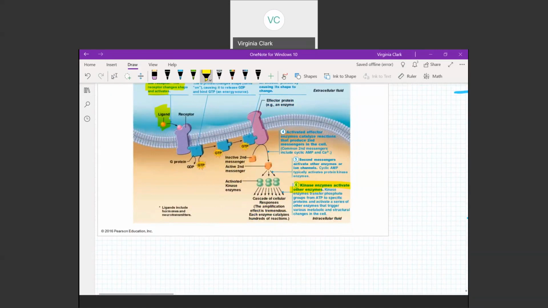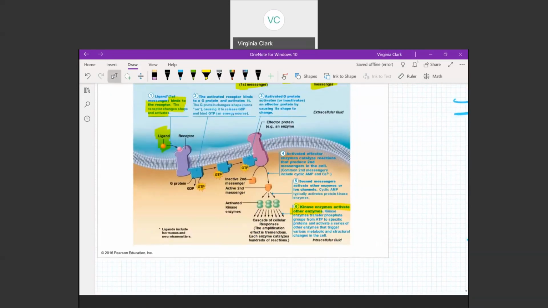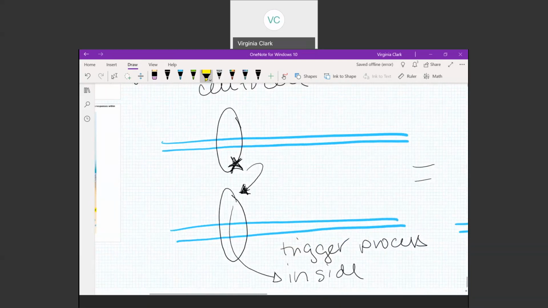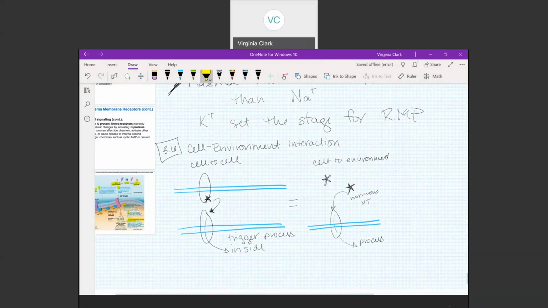However, what you need to look at here is we have one step, we have two steps that cause something to happen inside the cell, we have three steps, we have four steps that cause something to happen, five, and then finally the actual process. So it is not as simple all the time as one connection, then communication.